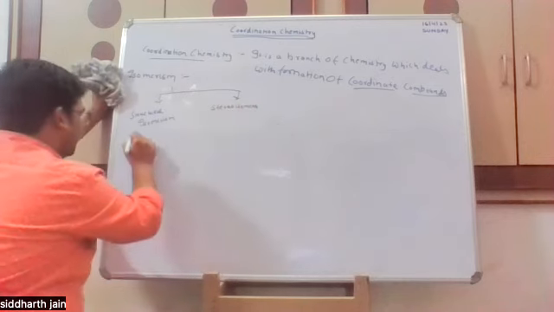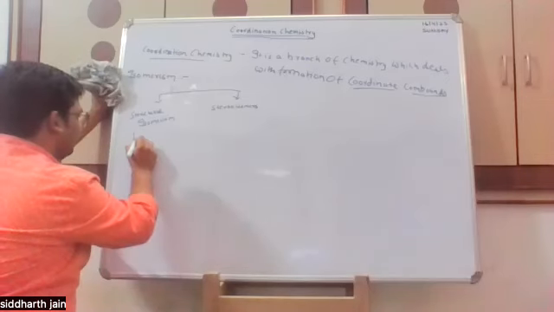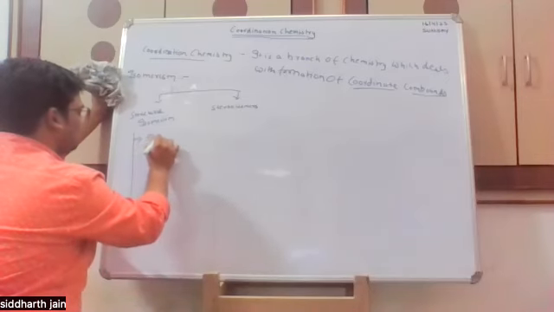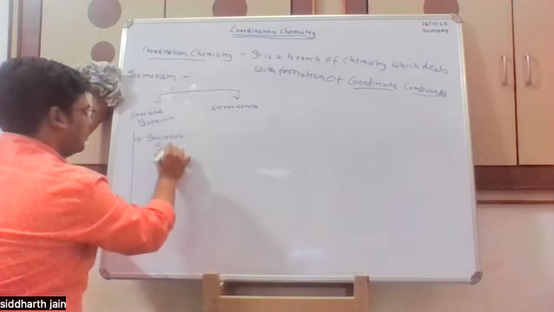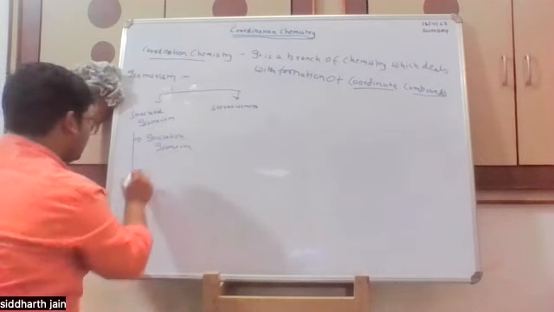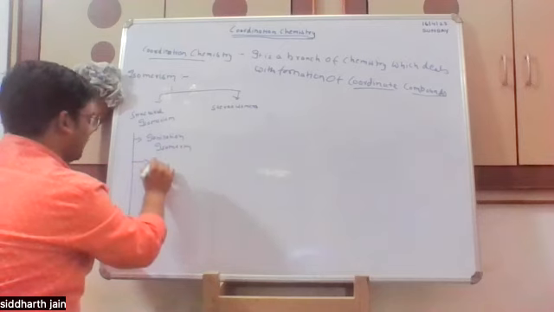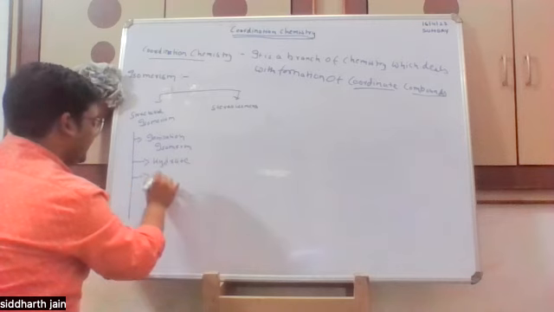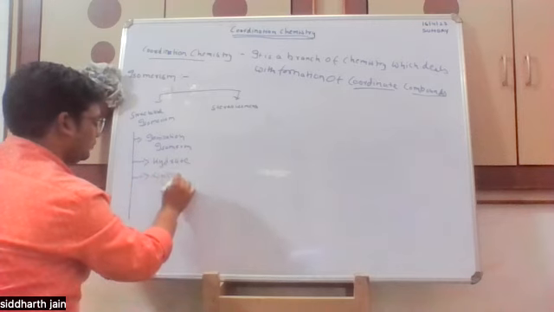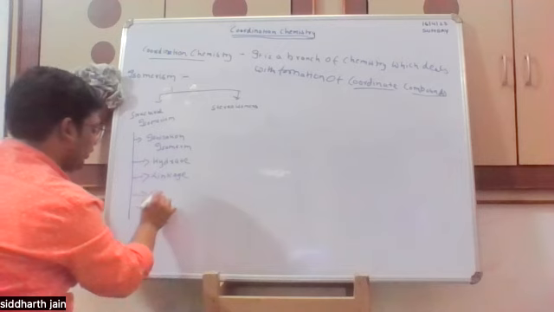In structural isomerism, we have different types: ionization isomerism, then hydrate isomerism, then linkage isomerism, then coordination isomerism.